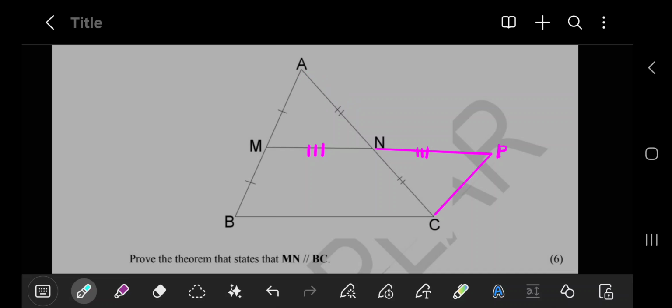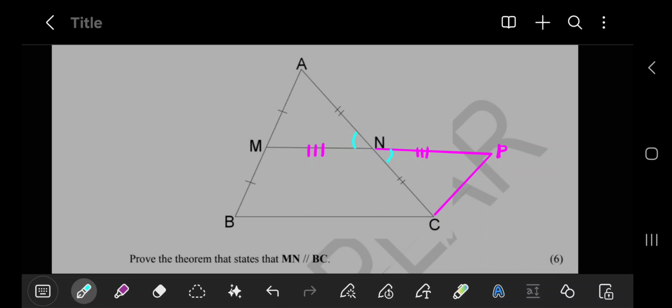Now, what do we mean when we say that triangles are congruent? We mean that they are exactly the same. So this is what we're going to do. I want you guys to notice that angle ANM, so this, is equal to angle PNC. Angle ANM is equal to angle PNC. Why would they be equal to each other?